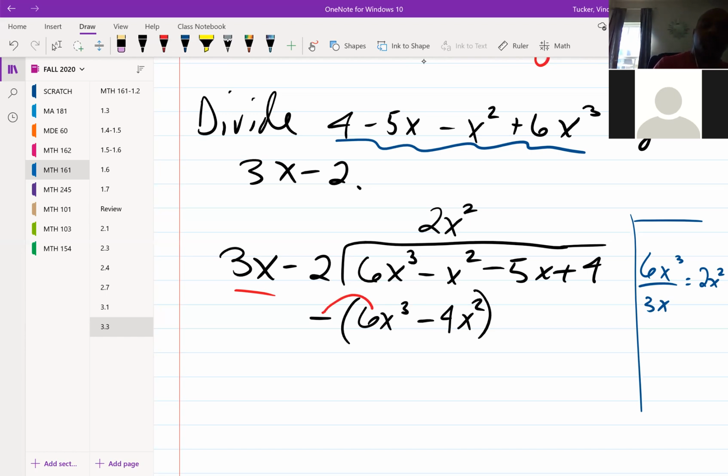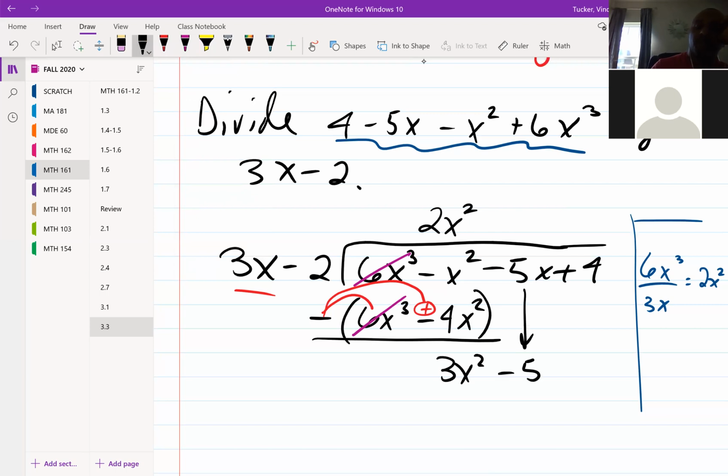They forget to give it to both terms, so make sure you're careful. So the 6x cubed minus 6x cubed will cancel. All right. And then here, negative to negative. So be careful with that. That turns positive. So that'll be a positive 4x squared and a negative 1x squared, which will be a remainder of 3x squared.